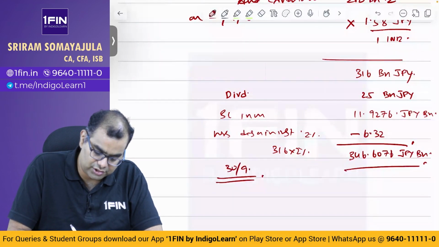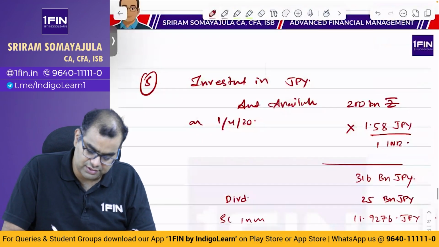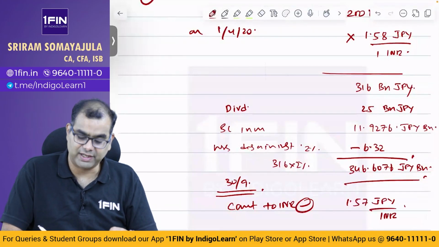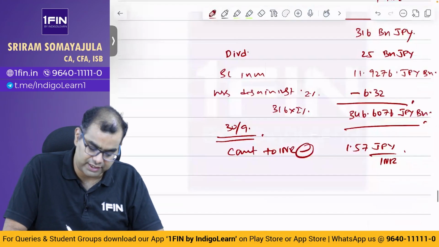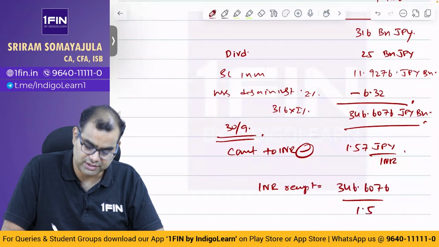Now convert to INR at the rate of 1.57 JPY per INR. Okay, so you need JPY to be cancelled, so you should divide. So INR receipt is equal to 346.6076 divided by 1.57.